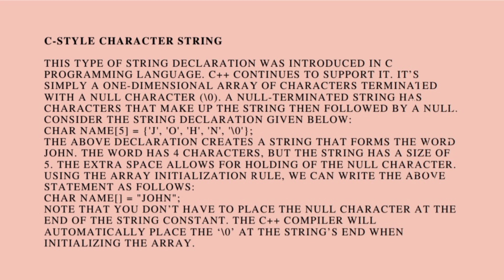C++ continues to support it. It's a simple one-dimensional array of characters terminated with a null character. A null terminated string has characters that make up the string followed by a null.